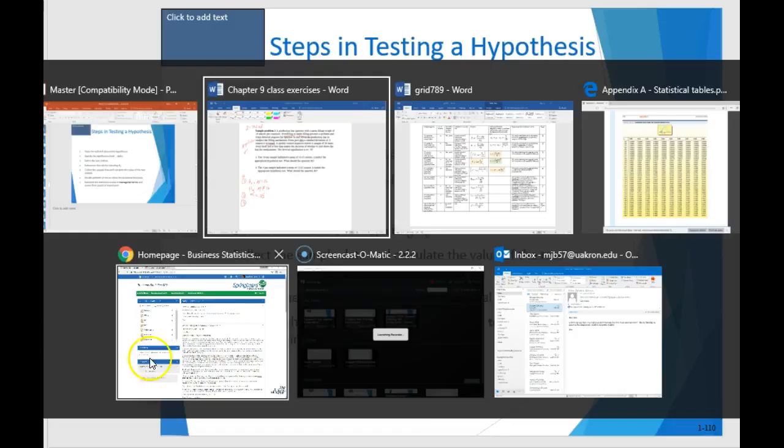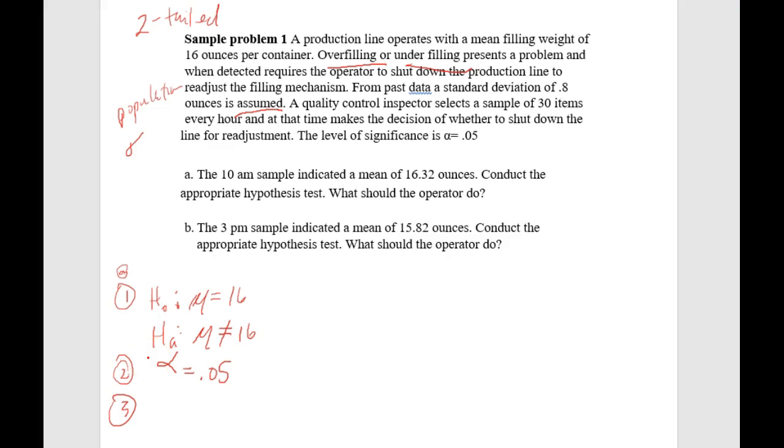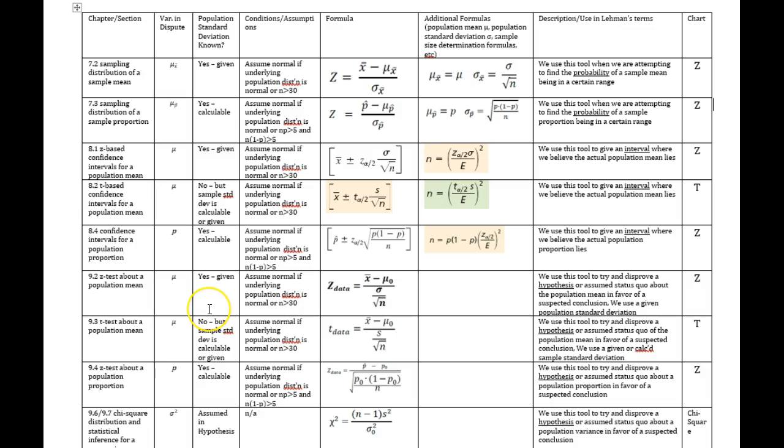select the test statistic. First of all, we're looking at determining something about mu. If we go to our grid here, we have 4 distributions that we can use in Chapter 9 for our hypothesis testing: z-test about a population mean, t-test about a population mean, z-test about a population proportion, or chi-squared test about a population variance.